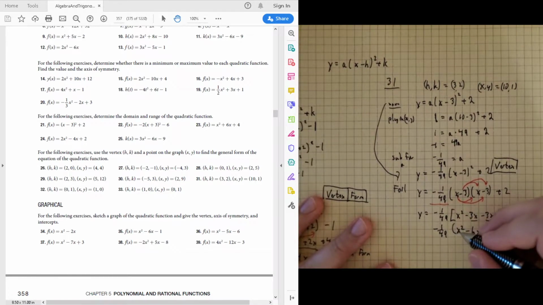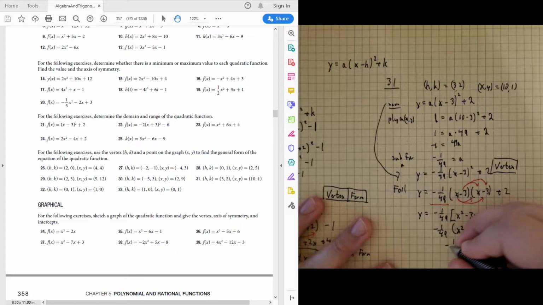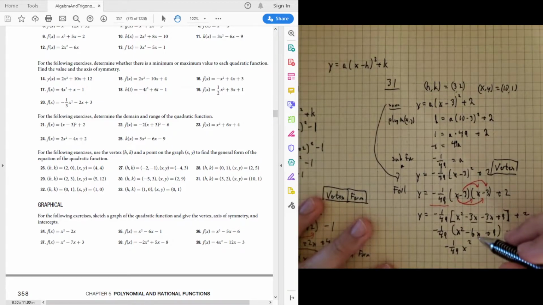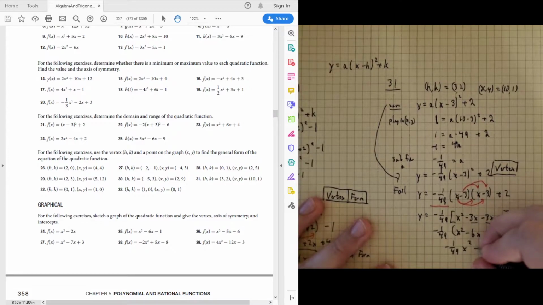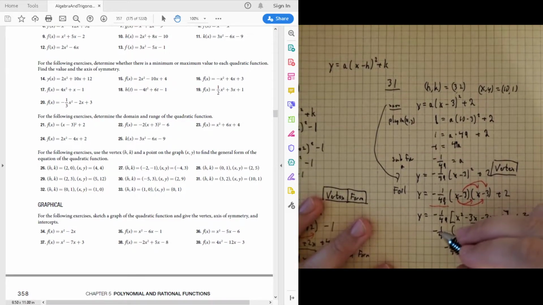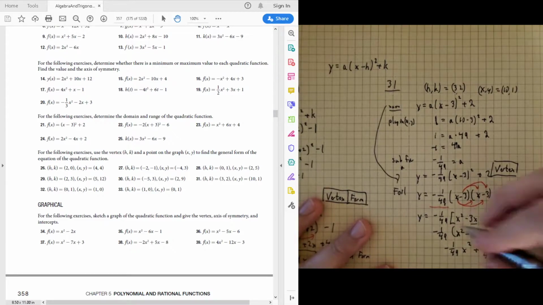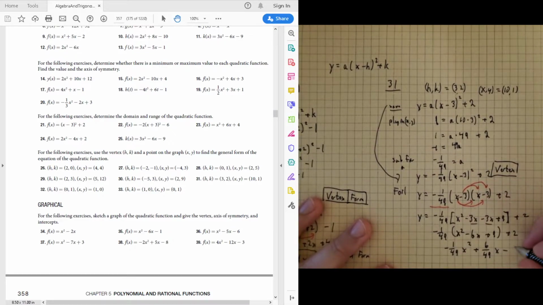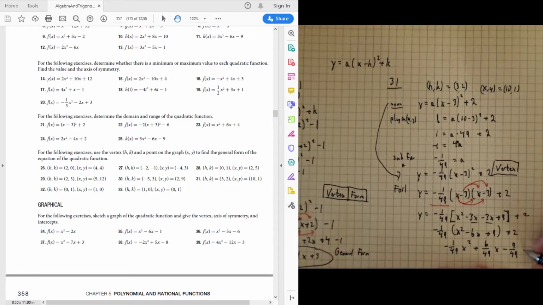So I take negative 1 over 49 times x squared, or negative 1 over 49 x squared. Negative to the negative would make this positive. 6 times 1 over 49 would be 6 over 49 x. And 9 times negative 1 over 49 would make it negative. 9 times 1 over 49 would be 9 over 49. Plus 2.